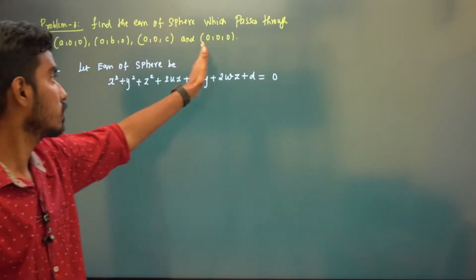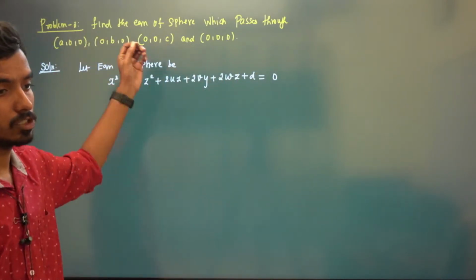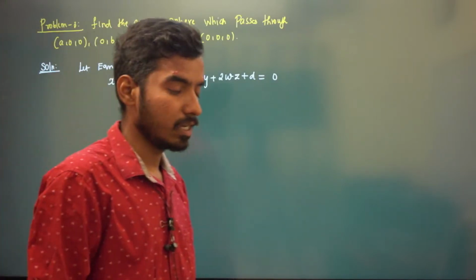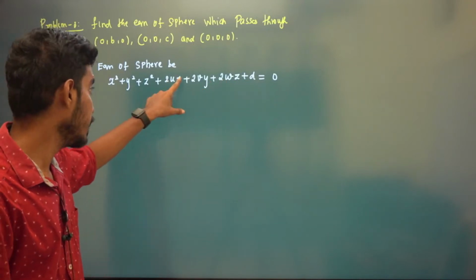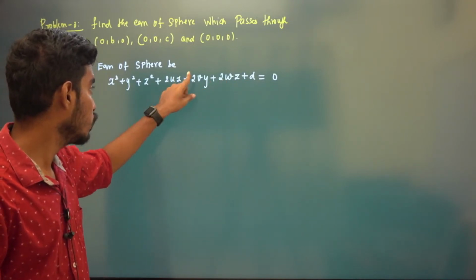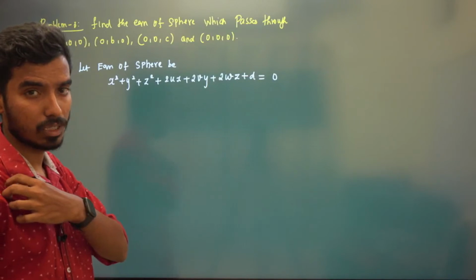Now it passes through these 4 points. So substitute all these points, you will have a set of equations. Only thing is we don't know u, v, w, d. So our aim is to find the values of u, v, w, d. Then we get the equation of sphere.